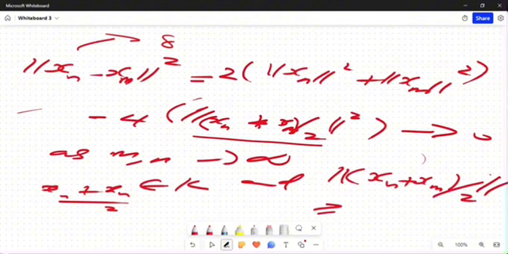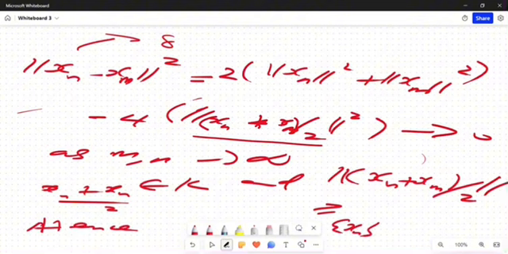Okay, and what's the conclusion? The conclusion is that this sequence is Cauchy. The sequence xn is Cauchy.